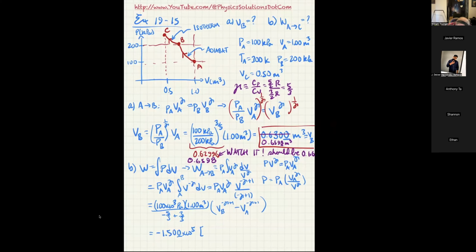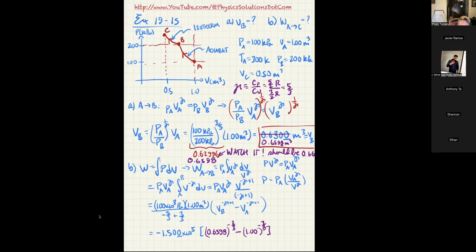So now I'm going to take the 0.6598 and raise that to the negative two-thirds power. And then I'm going to take the VA, which of course was 1.00 cubic meters, and raise that to the negative two-thirds power as well.